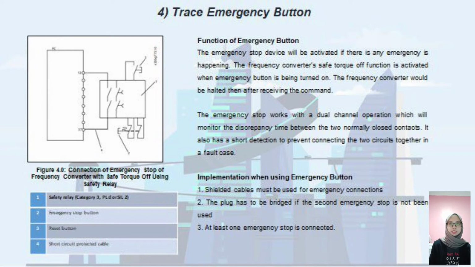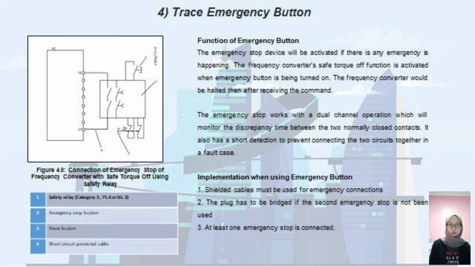This is because the emergency stop is a device that will be activated if any emergency happens. When an emergency happens such as fire or shock, the frequency converter's safety function is activated when the emergency button is turned on, and then the frequency converter will halt after receiving the command.